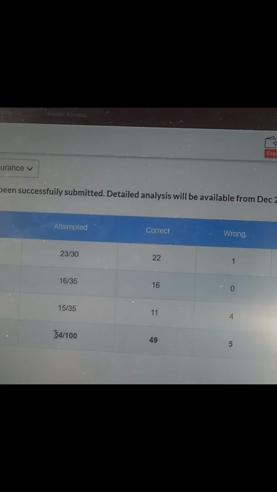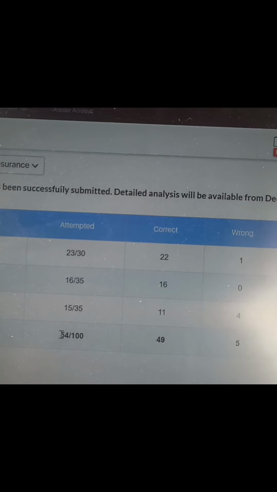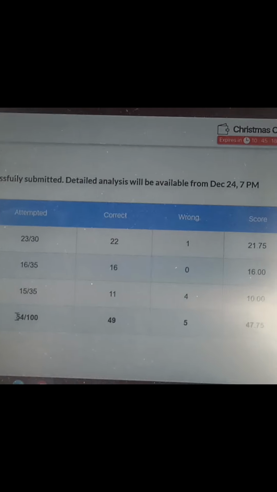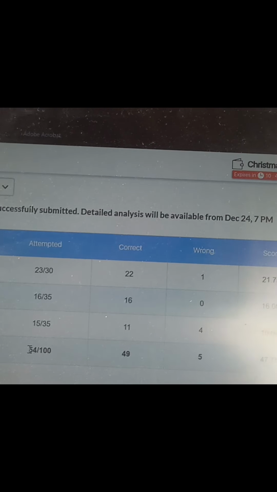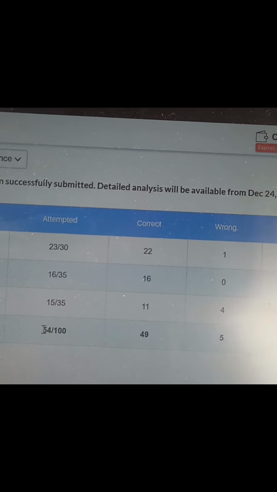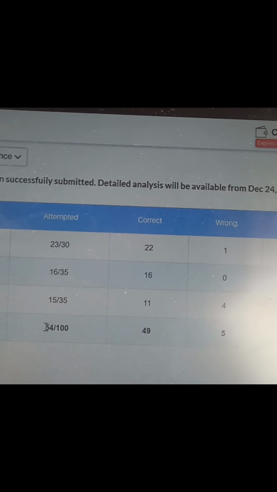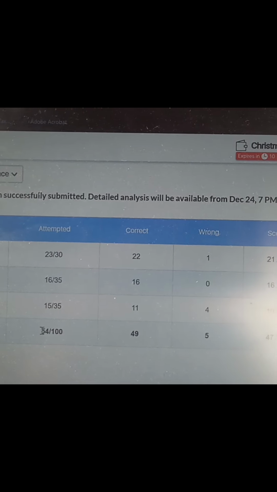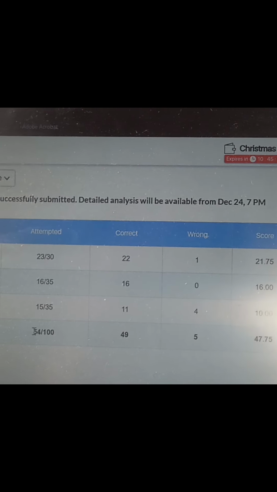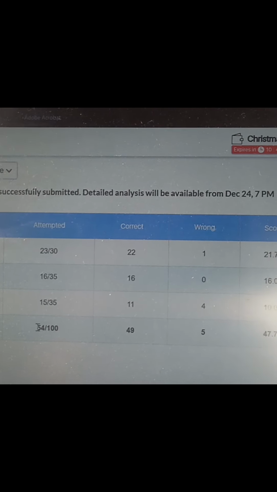I attempted arithmetic questions first, and there it took me a lot of time, so that's why my attempts were low. Also I am improving myself day by day, practicing more on the arithmetic questions, because everyone will do the one-liners and simplifications easily, but in arithmetic only I feel difficulty.